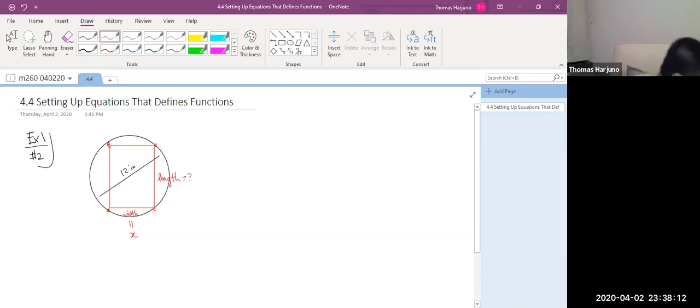We know that the diameter of this circle is 12. So I can draw from this corner to this corner a line, and this line must be the diameter also. Is it right?